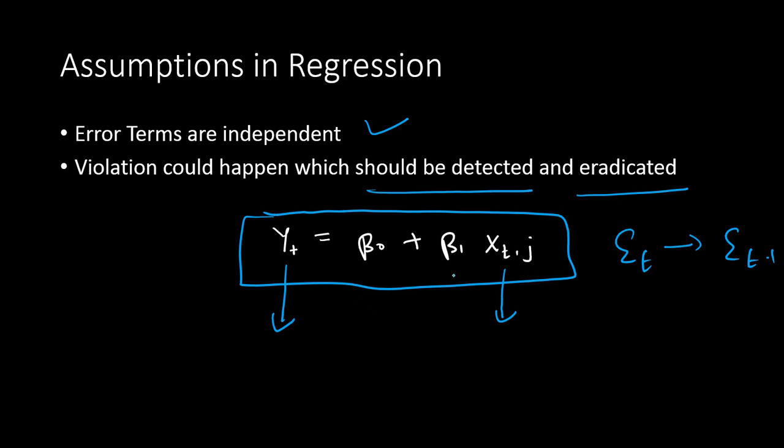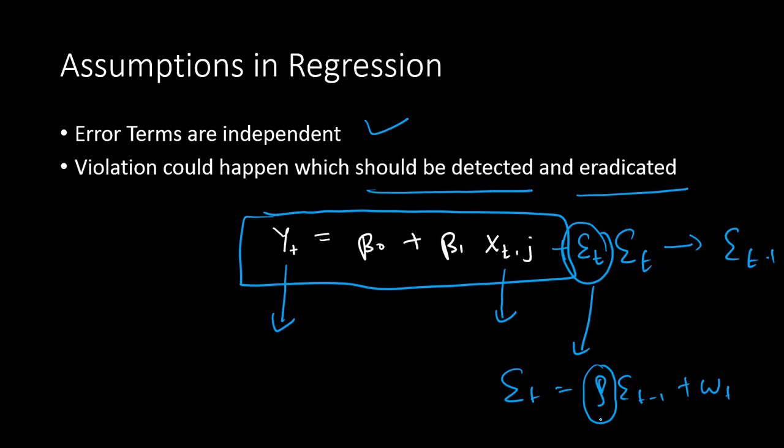Alright, so this is the equation, and every regression equation has an error term in place. So we have taken this error term and we are showing here that the error term itself follows some sort of linear regression. So all you need to know is what is this rho, this estimate behind the lag of the error term.